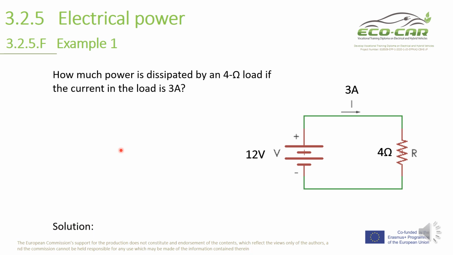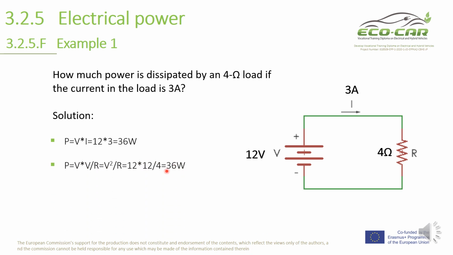Also, we can calculate the power by using the resistance according to this formula: V multiplied by V divided by R, which is V squared over R, which is 12 multiplied by 12 divided by 4, equal to 36. Also we can calculate the power when we have the current and the resistance only. So we know I squared multiplied by R, 3 multiplied by 3 multiplied by 4, is equal to 36 watts.